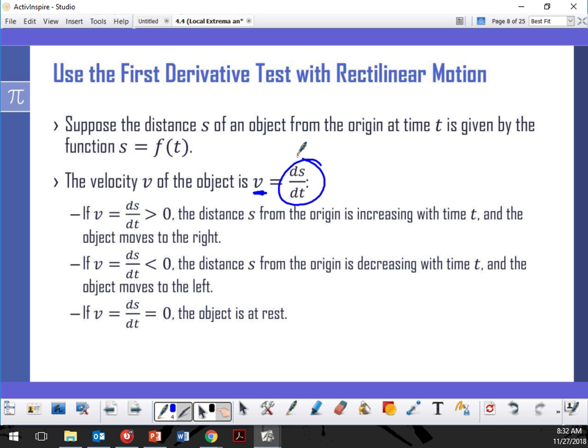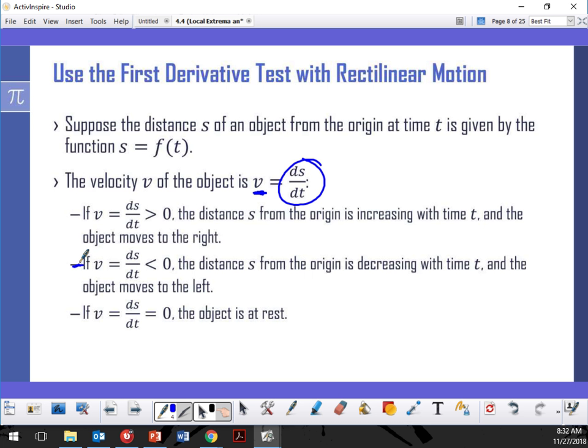Okay? If velocity is greater than 0, the distance s from the origin is increasing with time and the object is moving to the right. We always think about this on the coordinate grid. If distance is increasing, it's going to be going positive. If it's negative, the distance s from the origin is decreasing with time and the object is moving left.